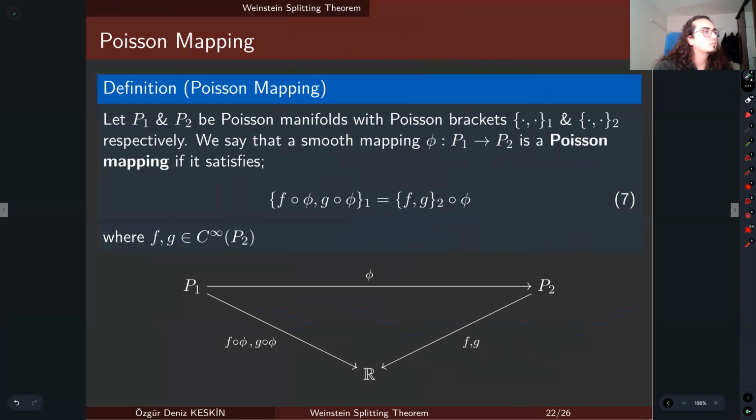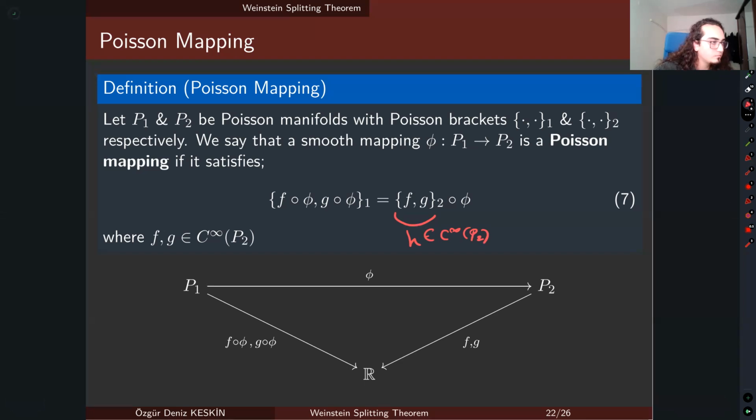And let's define a Poisson mapping. Consider two Poisson manifolds, P1 and P2, with their Poisson brackets. We say that a smooth mapping phi is a Poisson mapping if it satisfies this condition. Actually, we can think of it like this: for instance, f and g are C-infinity functions on P2, and the output will be another function on P2.